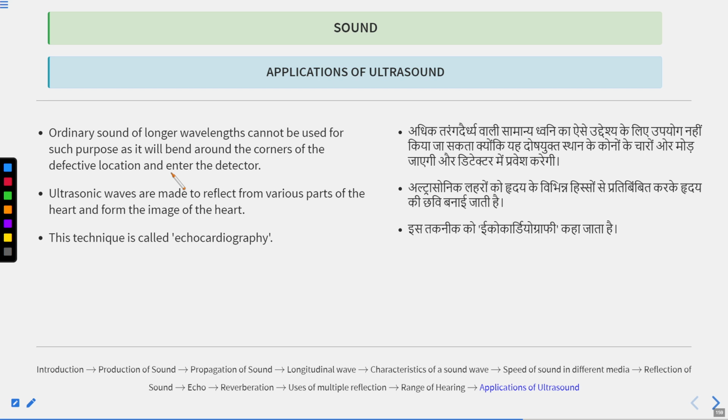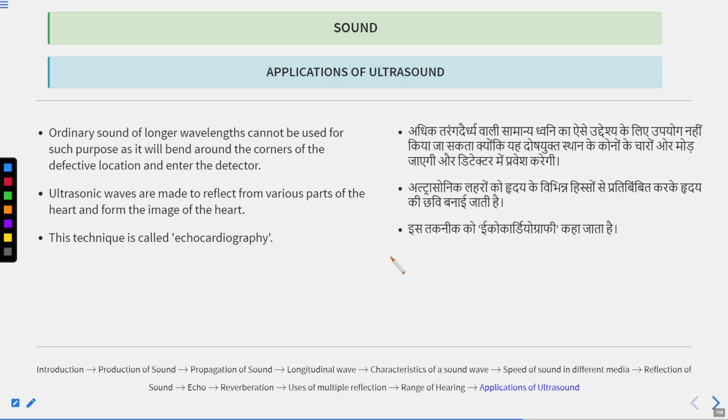First use was cleaning purpose. Now, ordinary sound of longer wavelength cannot be used for such a purpose. It will bend around the corner of the defect location and enter the detector.